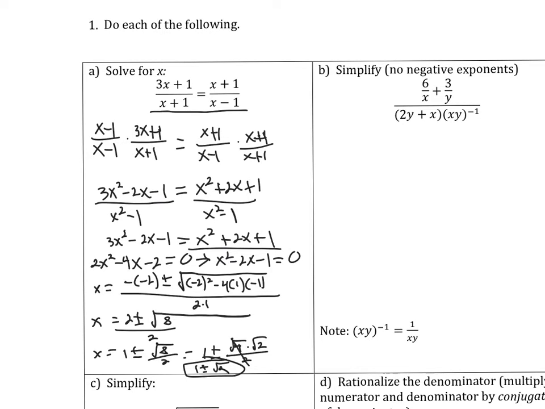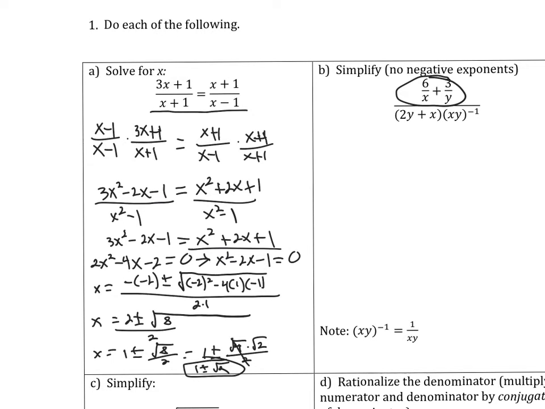Again, we're dealing with fractions. So first thing we're going to do is deal with this numerator. Again, we have two different denominators, so we're going to multiply to get them to have the same denominator, and the least common multiple of x and y will be that denominator, so we're going to multiply so that both have a denominator of xy.